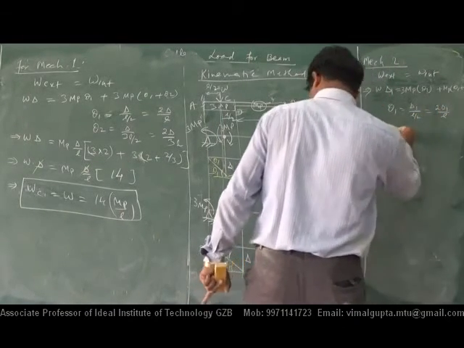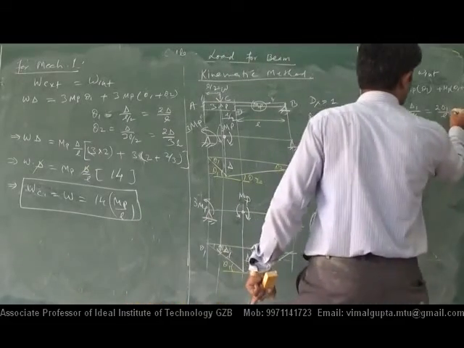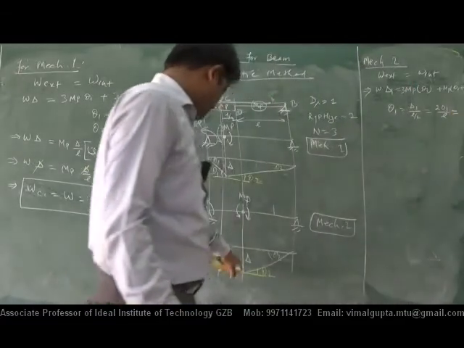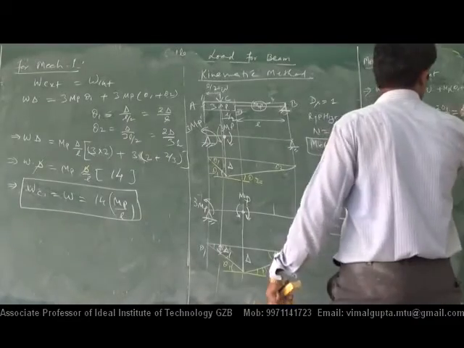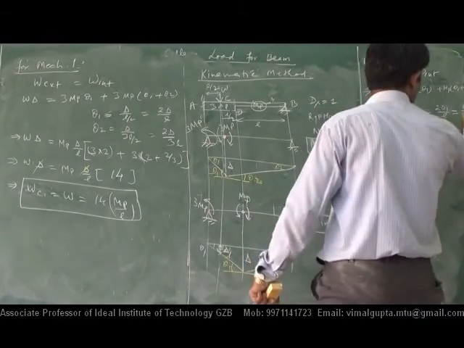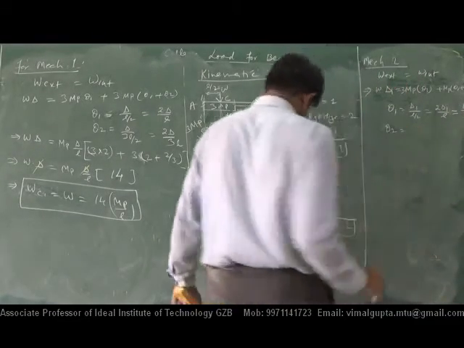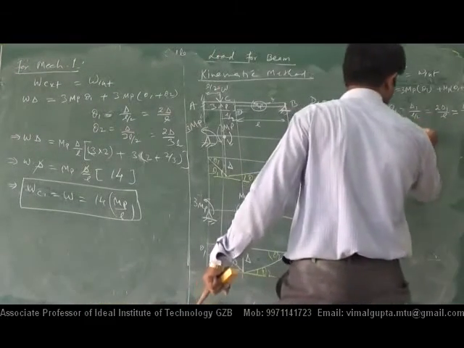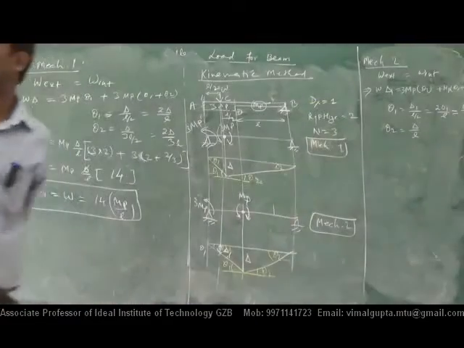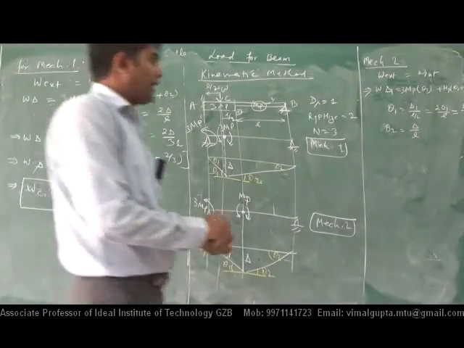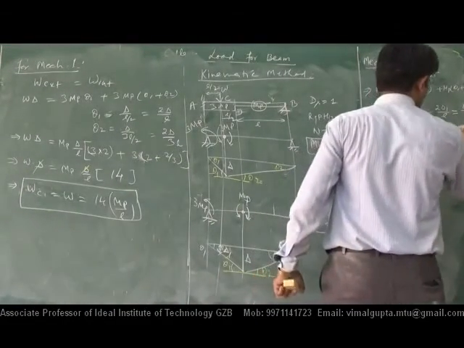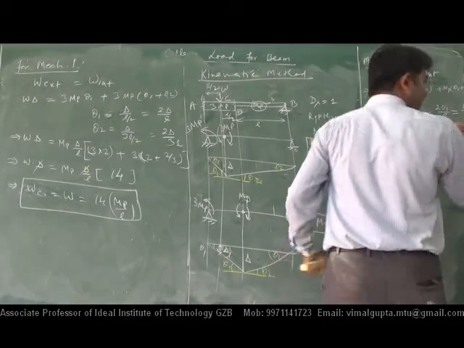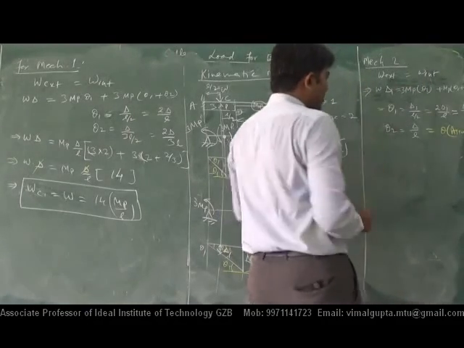What is the other one? It is also same, equals to delta by L. Okay, and value of theta 2 is delta by L. Using this similarity we can calculate. So assume as theta, then what will be that value?